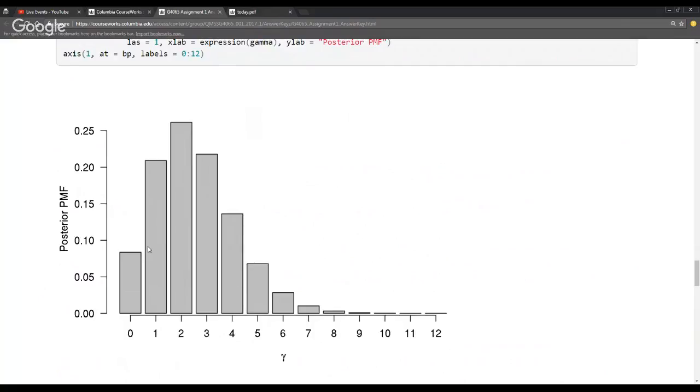So for this hypothetical bowler, who may not be you, could be somebody else, your beliefs about that bowler are represented by this. The probability that gamma for that bowler is 3, according to your beliefs, or my beliefs in this case, is like 0.22.